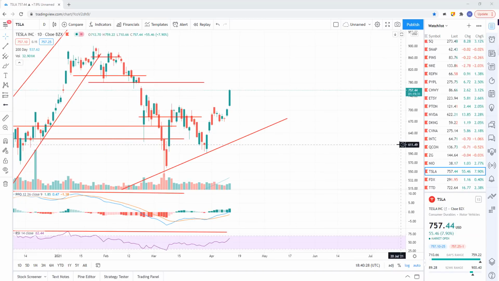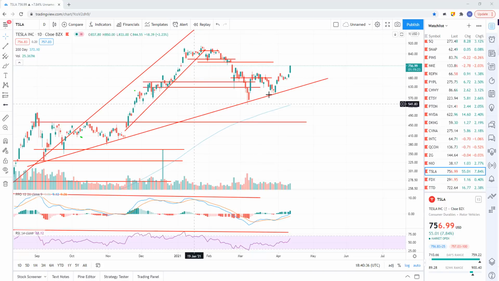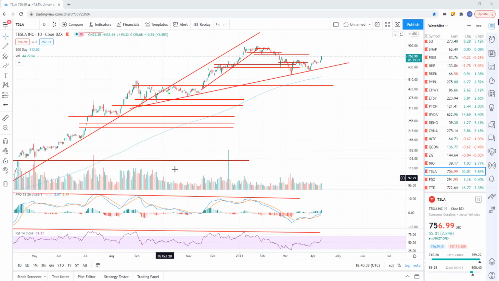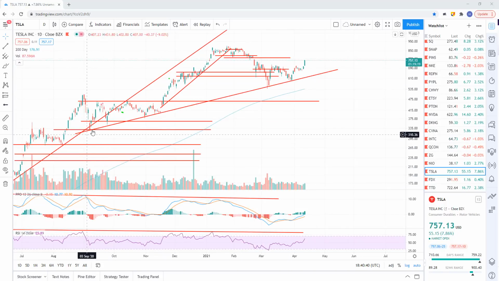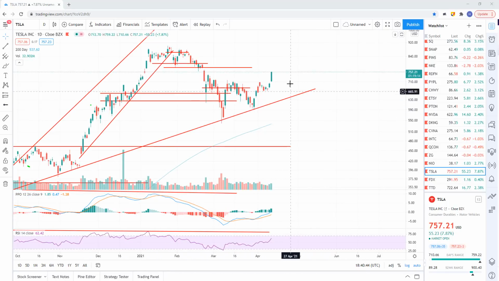All right, so Tesla's having a pretty good move today, up almost 8%. Again, I'm not short this thing. I talked about covering my short a while ago, and really, I've got this uptrend line right here. We've just been walking up that uptrend line, so I wouldn't want to short till I see a break of that trend. And as of right now, I don't see it.